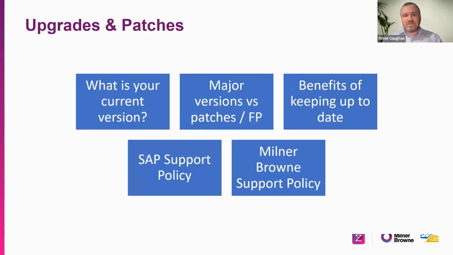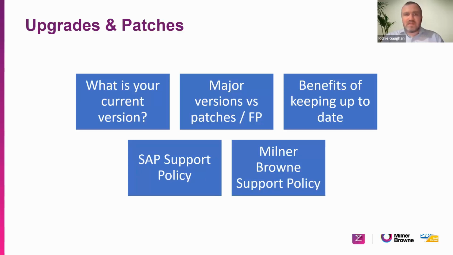But the key thing is those were only available within the feature packs, and the feature packs are only available on the more recent versions. If you're running SAP Business One 9.2, for example, there are no more feature packs available for this version. So you would find that as your system needs to change and adapt, you wouldn't be able to get access to that latest functionality unless you upgrade.